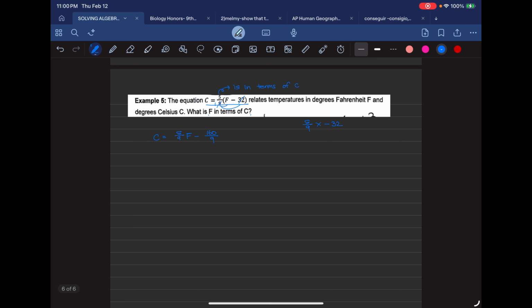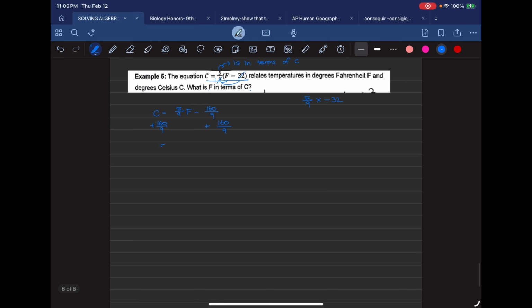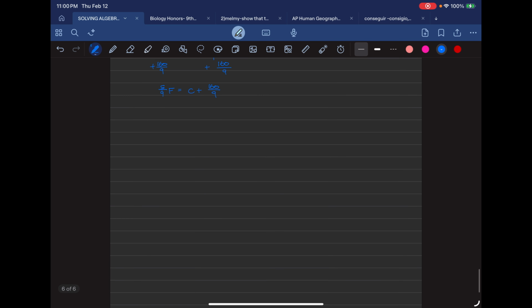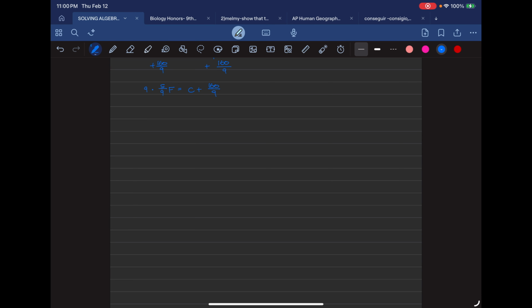And then we're going to add this value on both sides, which will give us 5 over 9 F is equal to C plus 160 over 9. Now, we are going to multiply by 9, but we have to do it on every term, which will cancel the 9 in the denominator. So it will give us 5F equals 9C plus 160, since this cancels out as well.